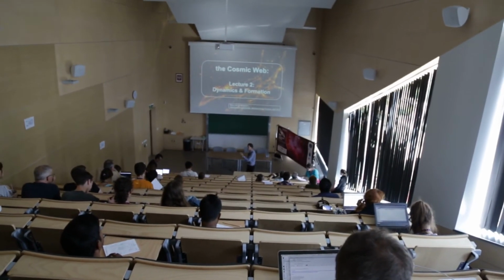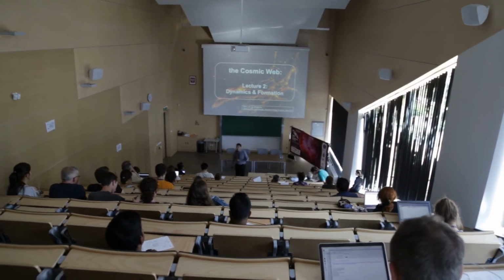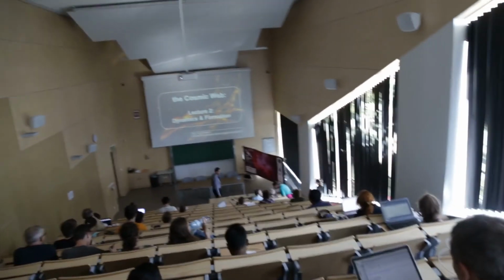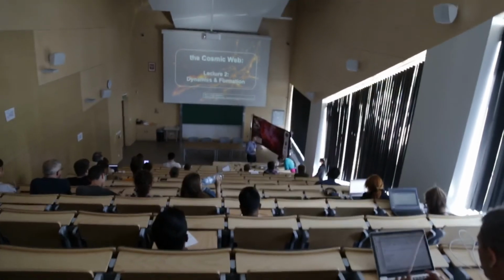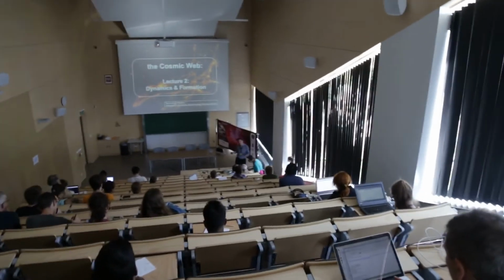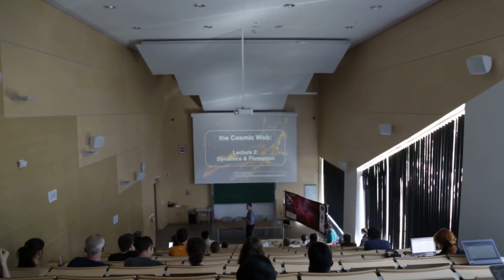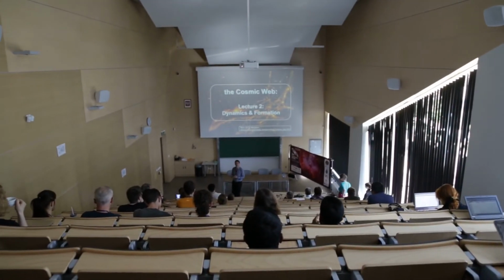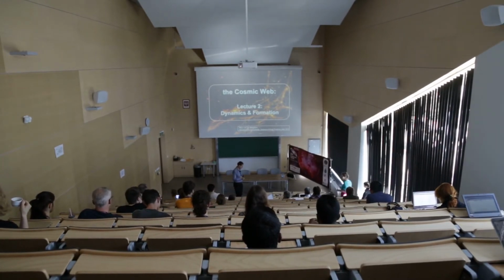So yesterday we went through an overview of what the cosmic web is and what its properties are, and what we observe in terms of its galaxy population, gas content, and even its dark matter content and its structural properties.